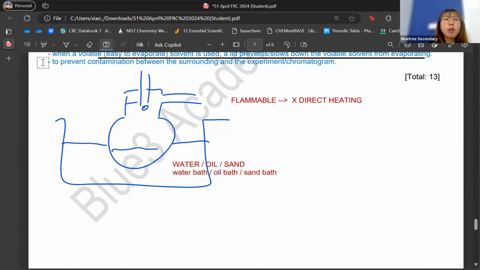So what we are actually heating is this water, this oil, or this sand. When it gets heated up, it will get hot eventually, and the heat will slowly and gently travel to your flammable substance. That is why your flammable substance will not receive too much heat at once, so it will not catch fire. Okay?